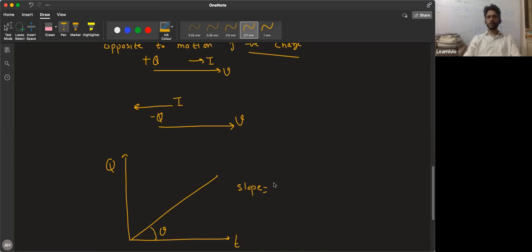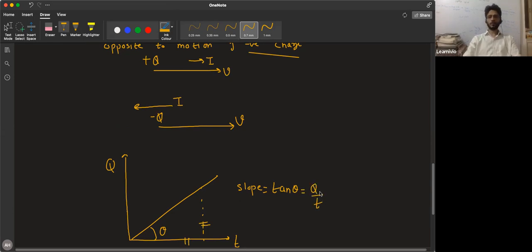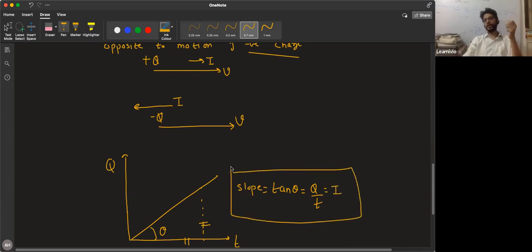Slope is tan theta, right? Tan theta is perpendicular upon base. Perpendicular is charge, base is time. So this is equal to q by t. And what is q by t, Anshika? Sir, I. It's I, it's current. Slope is Q by T, which is equal to I.